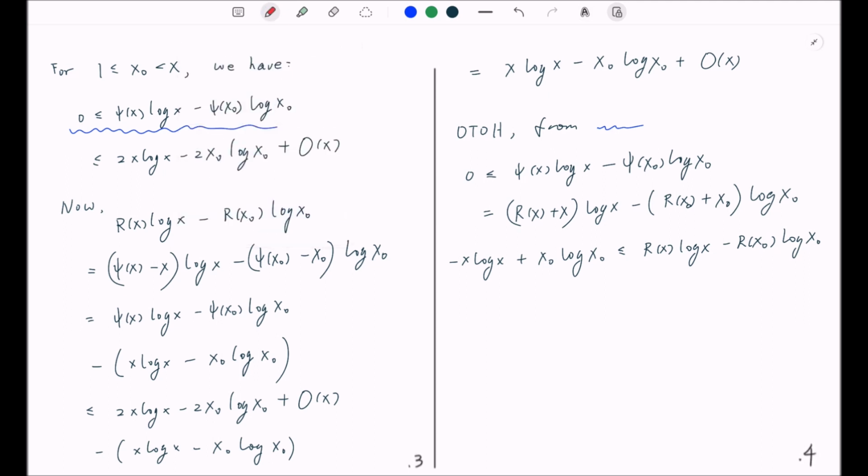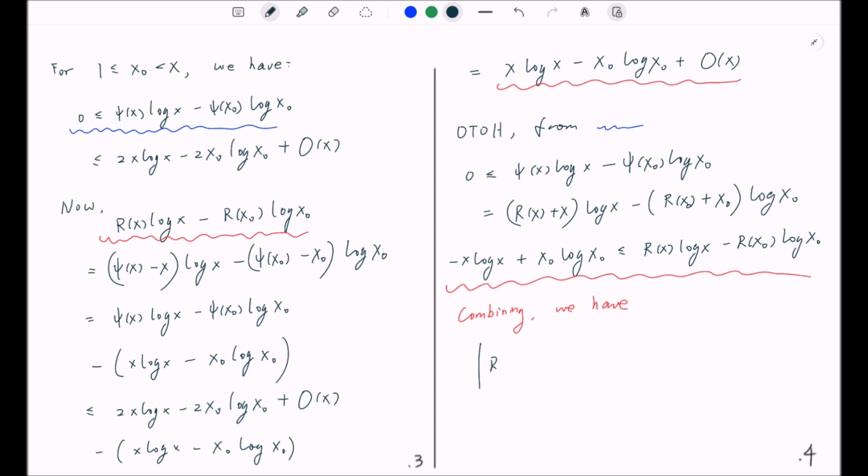And now combine this upper bound with this lower bound. We have the absolute value of the difference r of x log of x minus r of x naught log of x naught.